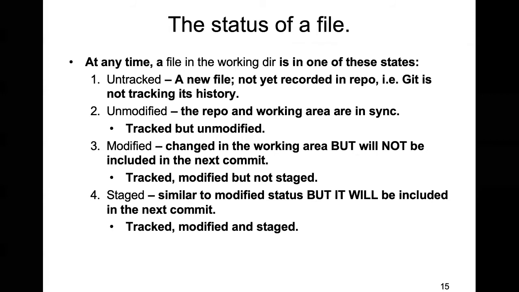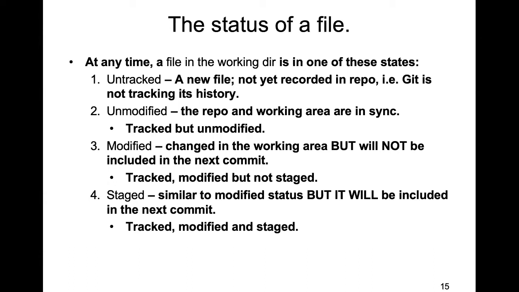You have a file, you have committed it to the repository in an earlier commit. You have made modifications to it since your last commit, and you have told Git that you will commit it by using the git add command, but you haven't committed it yet. That's what we refer to as being in a staged state.